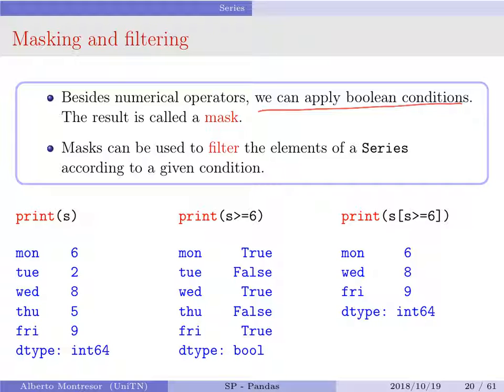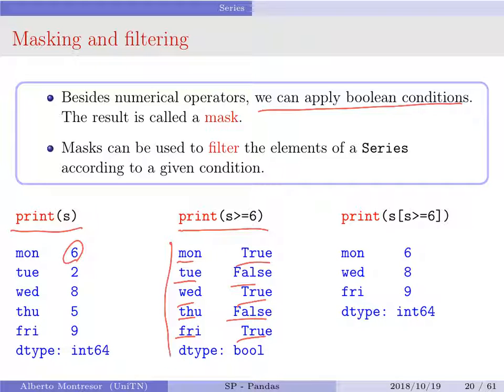So if you have this series, which is the usual one, and you want to just print the values which are larger or equal than 6, it goes through all the days from Monday to Friday and computes if the value is larger or equal than 6. So what happens is true, false, true, false, true, because we are sleeping a lot, not enough, a lot, not enough, a lot, not enough.